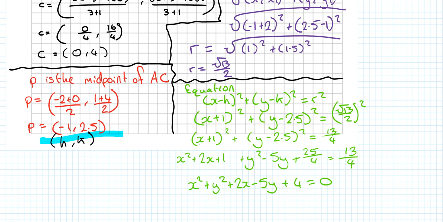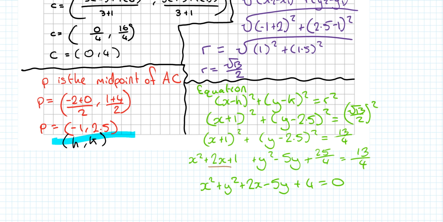So I would go x by x is x squared, x by 1 is 1x, 1 by x is 1x, 1 by 1 is 1, and those 1x and 1x give us the 2x. y by y is y squared. Minus 2.5 by y is minus 2.5y. Minus 2.5 by y is minus 2.5y, which gives us the minus 5y. And minus 2.5 and minus 2.5 is 25 over 4.